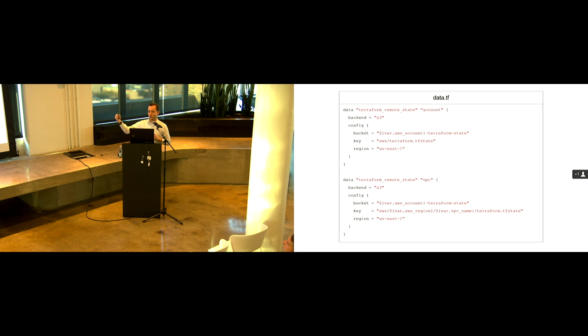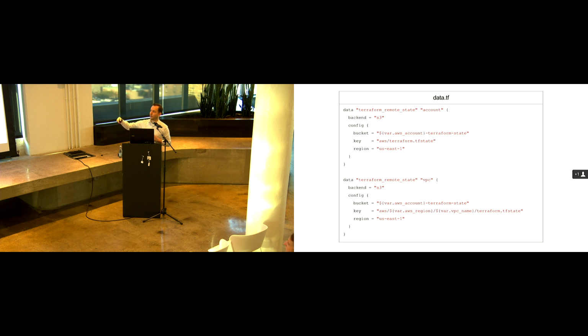Now, if you had an RDS instance, you could also reference that RDS instance as well. So you have, say, a service A RDS state file. You can create a data block for that RDS instance and add yourself to a security group that it's spun up. Same thing for the account.